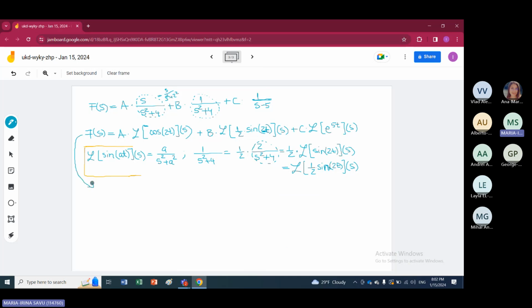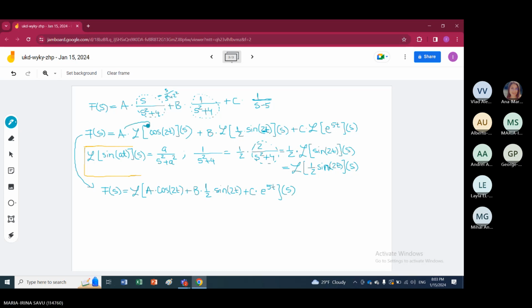So let's take a look here. In the end, we will have that f of s is Laplace of, let's use again the linearity of this operator Laplace, and we'll get a times cosine of 2t plus b times 1 over 2 times sine of 2t plus c times e to the 5t.